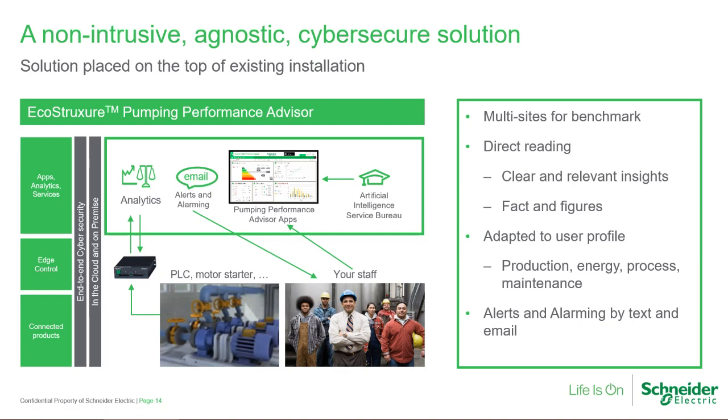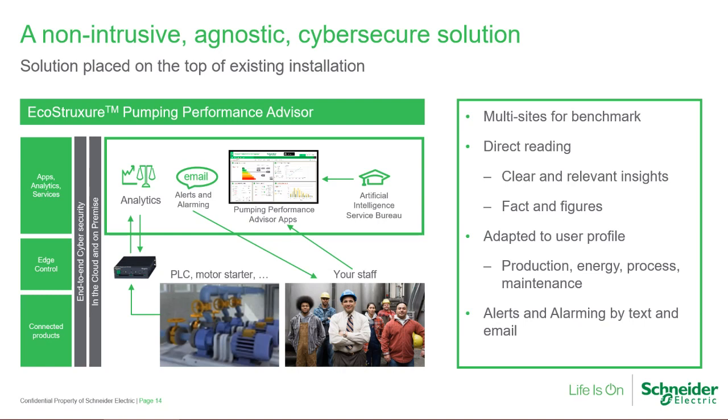It's all logged through an agnostic system up into the cloud-based system. But then your staff has access to web-served online information, but also direct control through email and texts directly to them on alarms and status changes. So it's permanently monitoring your system, and permanently updating your staff through a web server or through alarms and alerts, which can come through text and through email systems.